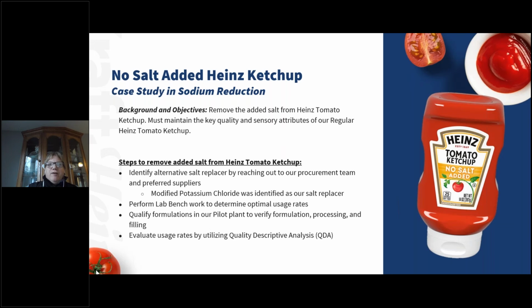Next, we qualify final formulations in our pilot plant to verify formulation, processing, filling, and analytical information. Then we evaluate usage rates by utilizing quality descriptive analysis, or QDA. Next slide, please.